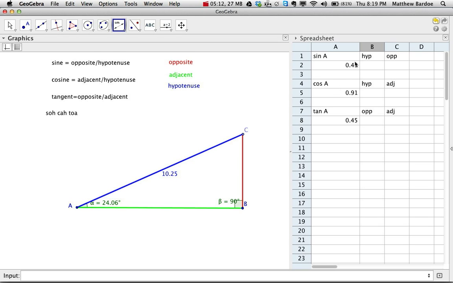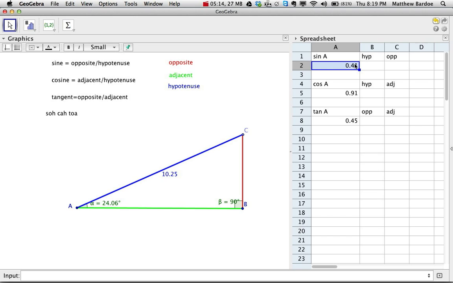Then, using the fact that I can go to my calculator and type in sine of 24.06 degrees, I can take that, and that tells me that the opposite side is about 41% of the hypotenuse, which in this case I know is 10.25.